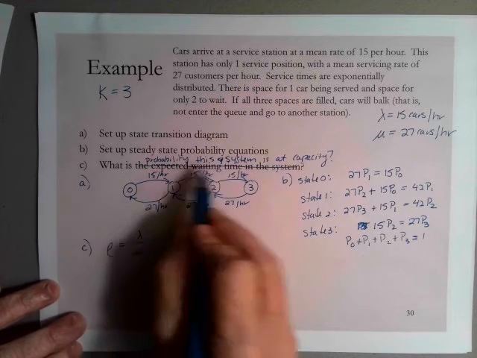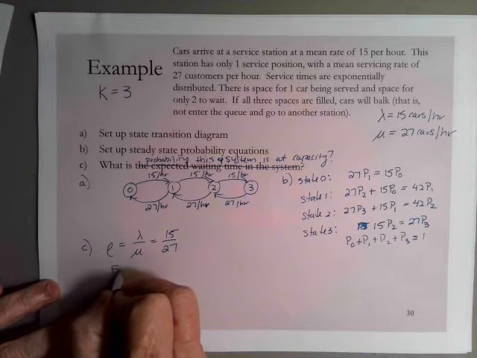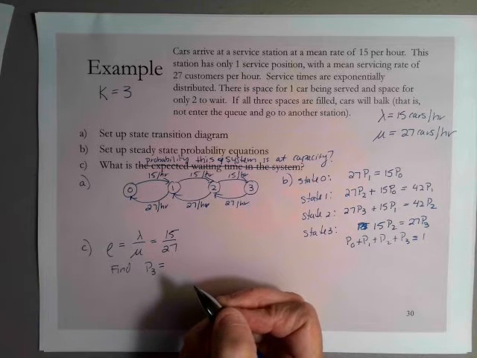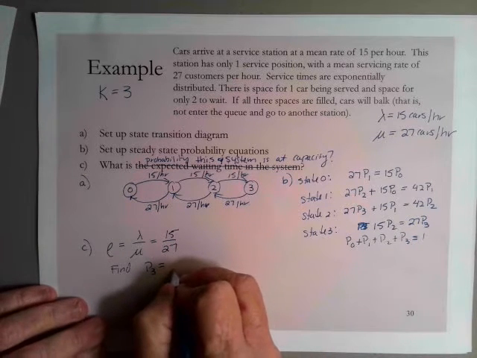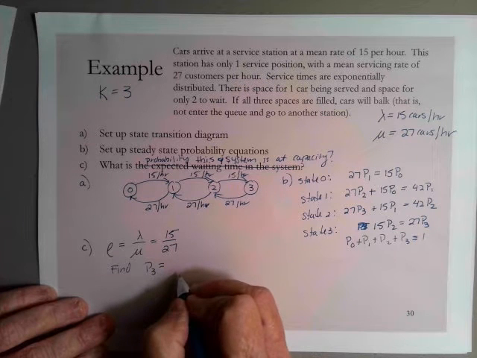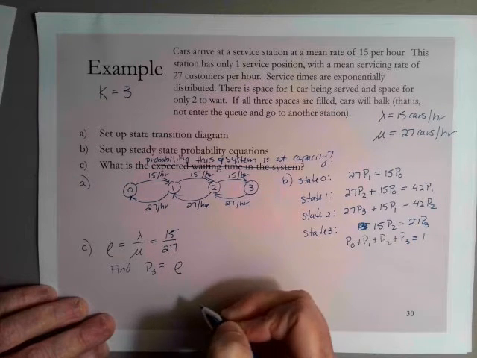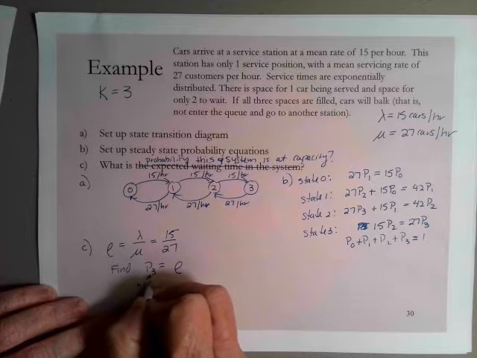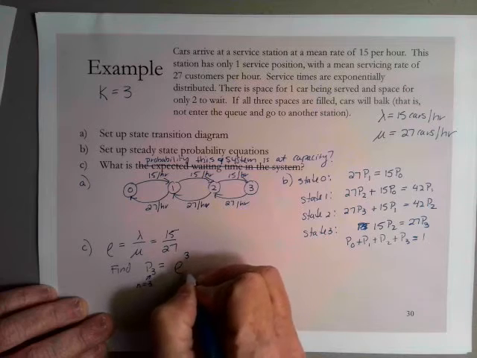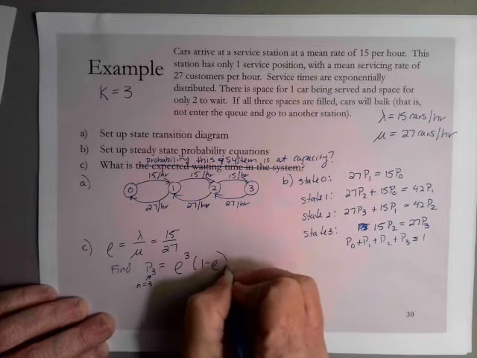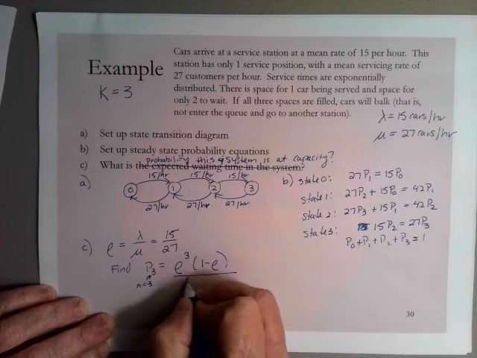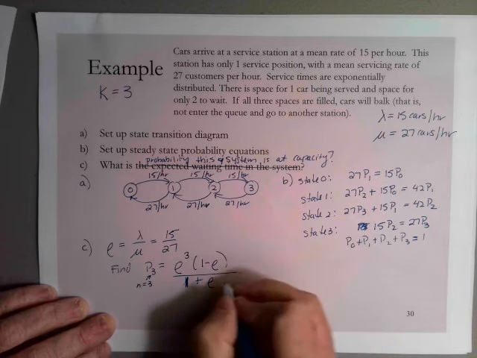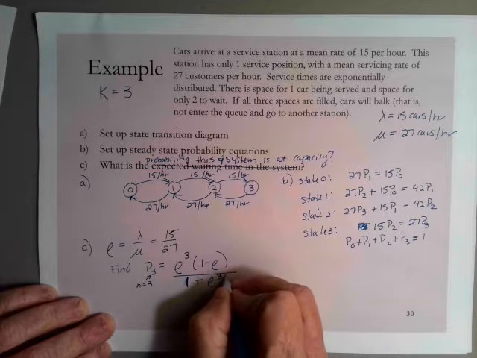And what it's asking for is the system at capacity, so they want me to find P3. And from the previous page, we know that that's going to be rho to the n, so in this case, 3 is n. So it'll be rho to the third, 1 minus rho, and then over 1 plus rho to the k plus 1, which is, again, k is 3 plus 1.